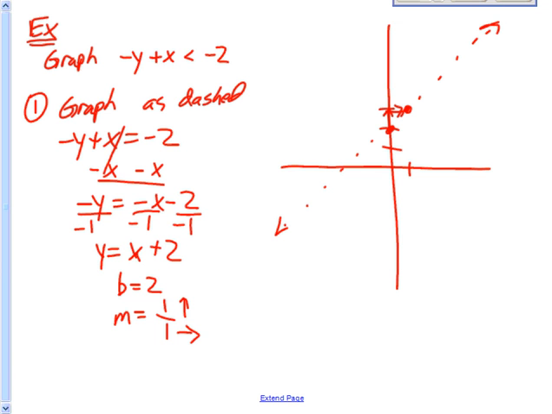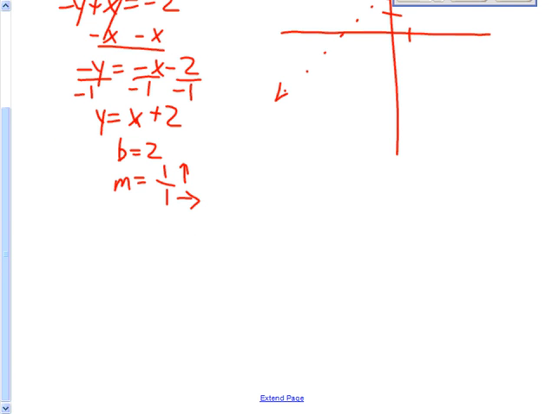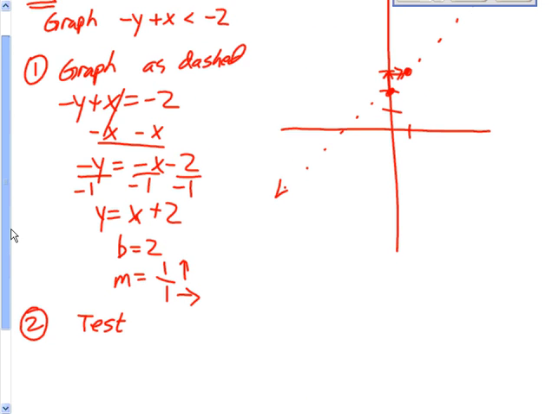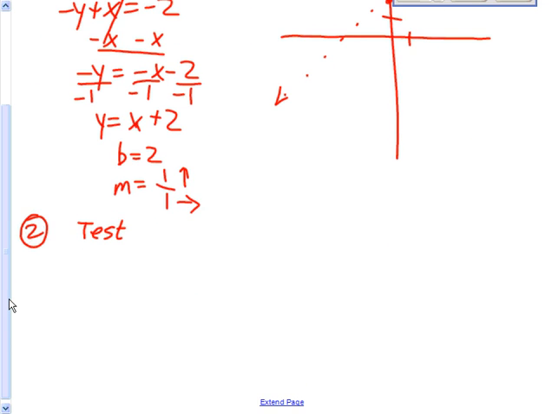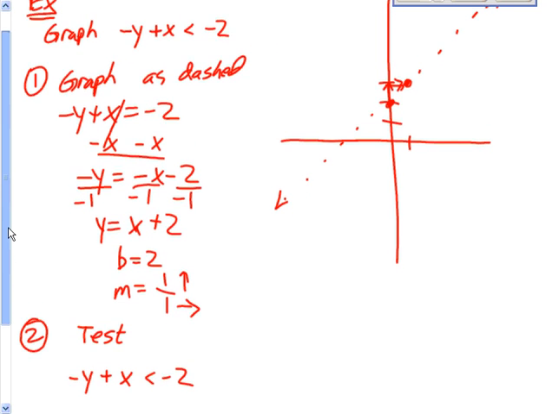Okay? Number 2, test a point. And the original was negative y plus x less than negative 2. Okay, that's our original inequality. Now I can test a point, again, on either side. Instead of picking 0, 0 this time, how about negative 3, comma 4?